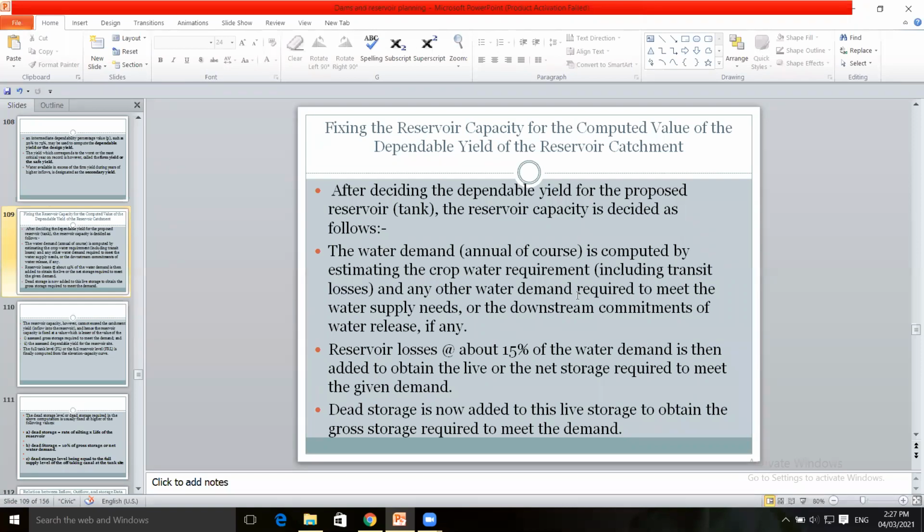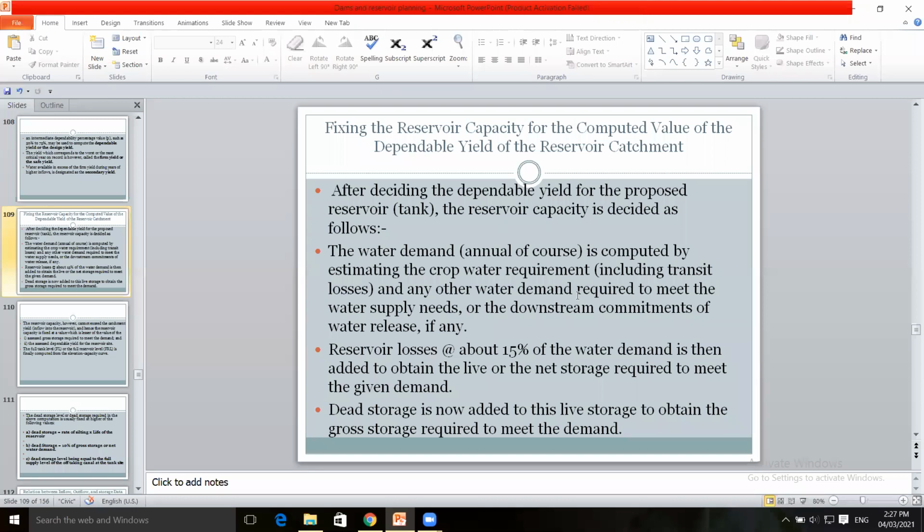That is the estimated amount of water required for supplying water to crops, the crop water requirement that we studied in part 1 of water resources engineering, how to determine the crop water requirement.